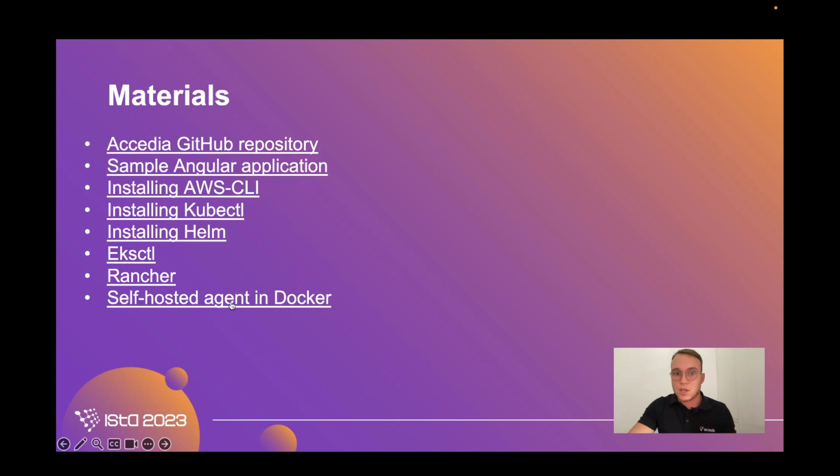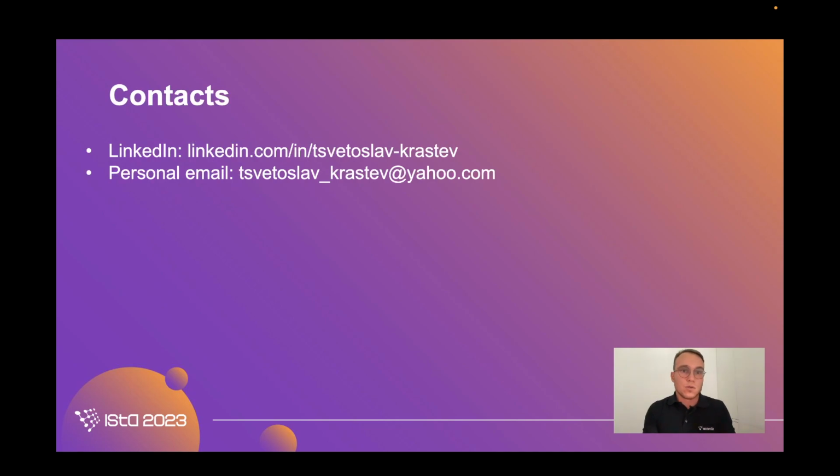Also the self-hosted agent that we've pushed. This is something with Azure DevOps, so it's from Microsoft. And also you would be able to contact me on any of these two, the LinkedIn profile and my personal email, for any help or further explanation if there is an issue with setting up the Rancher cluster.